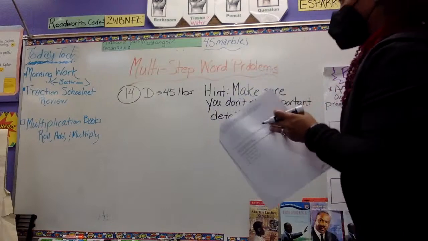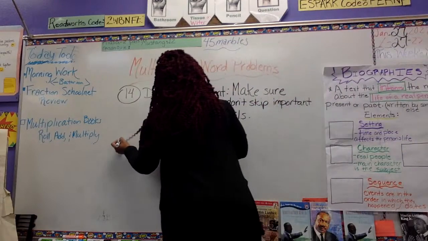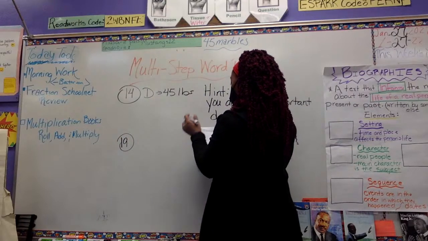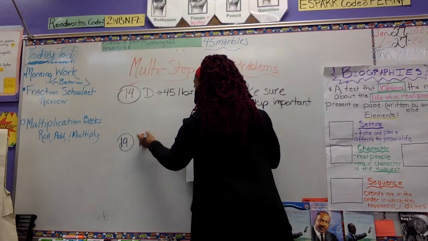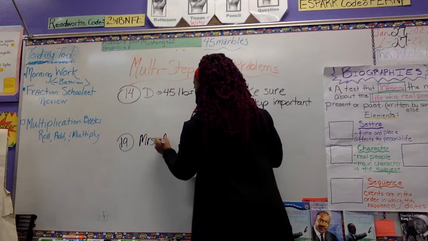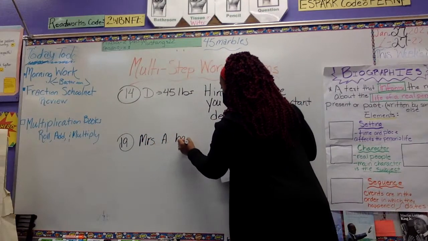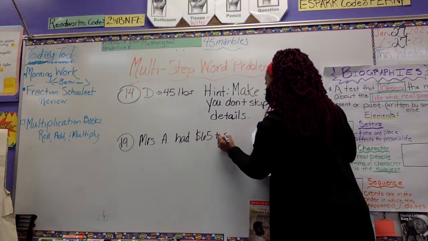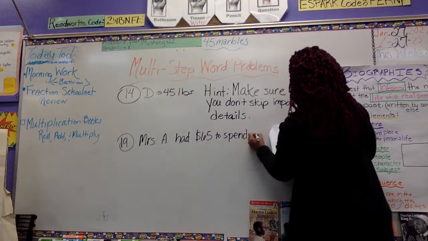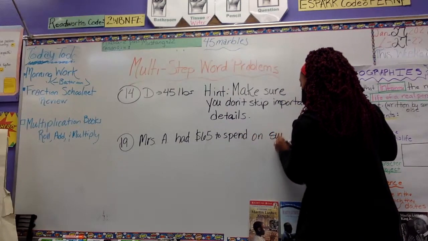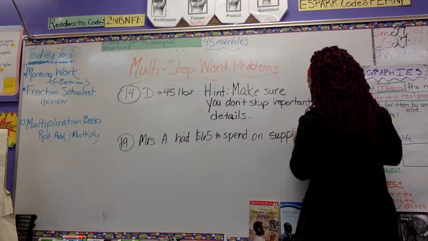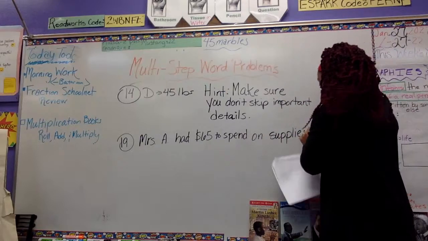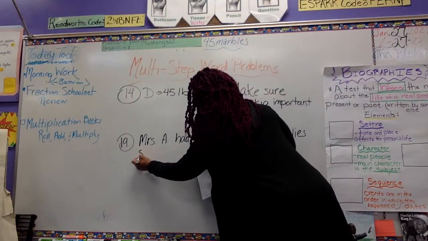Okay, let's look at 19. It says Miss Arnold. I'll just call her Miss A because I'm abbreviating since I'm going to write all this. Miss Arnold has $65 to spend on supplies. Again, I'm abbreviating and paraphrasing so I don't have to copy the whole thing. Yours is going to be worded a little differently.